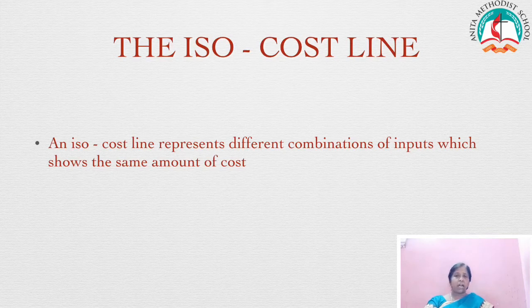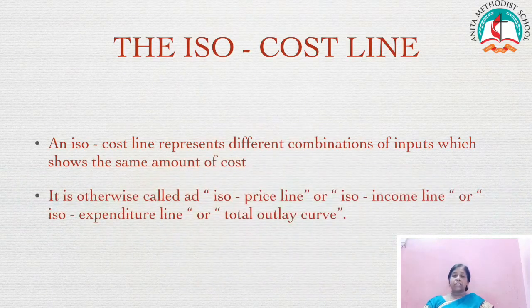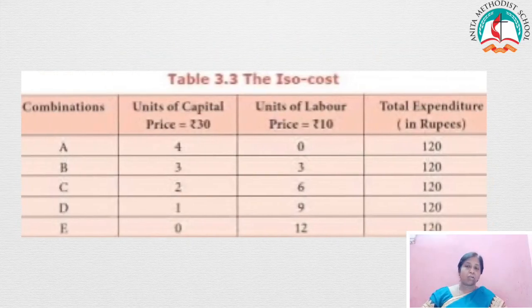Here also they use only two inputs. So we can say that an iso cost line represents different combinations of inputs which show the same amount of cost. That is why it is also called the iso price line, iso income line, iso expenditure line, or total outlay curve.